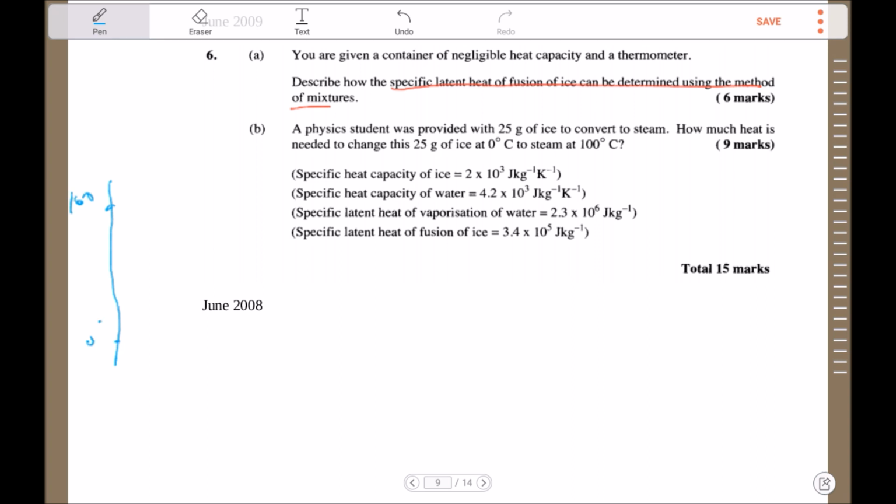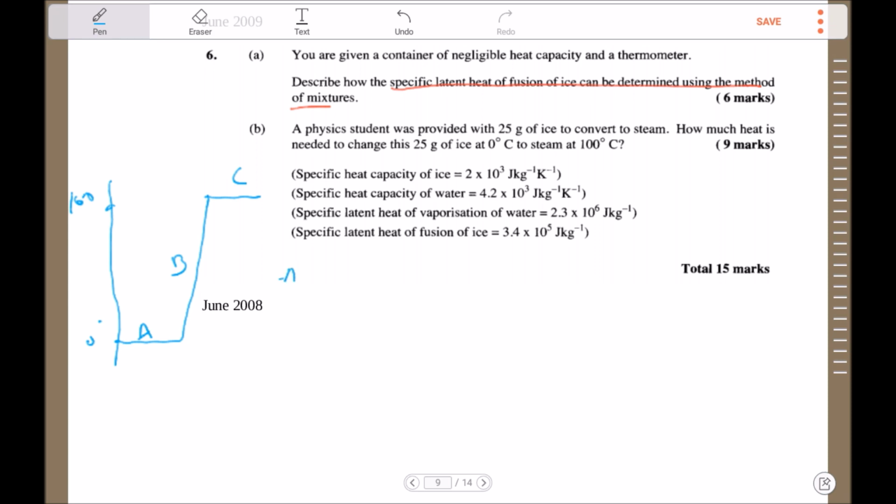We have ice, so we get the ice to water first, then we raise the water to 100 degrees Celsius, then we change that to steam. So we need to know our parts. So A, B, C. Now on our graphs, anywhere that's flat, that's A and C. We're changing state, so that's specific latent heat. And where there's a change in temperature, that's specific heat capacity.